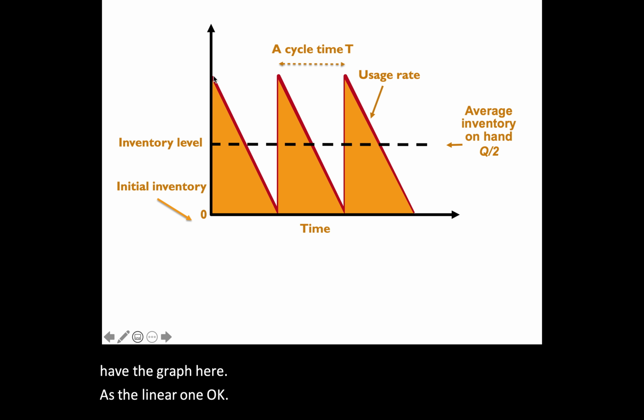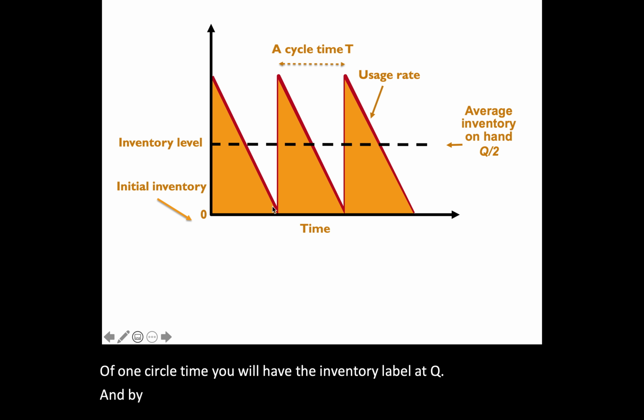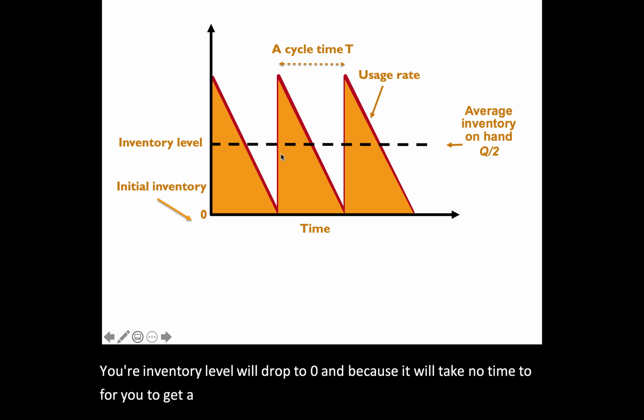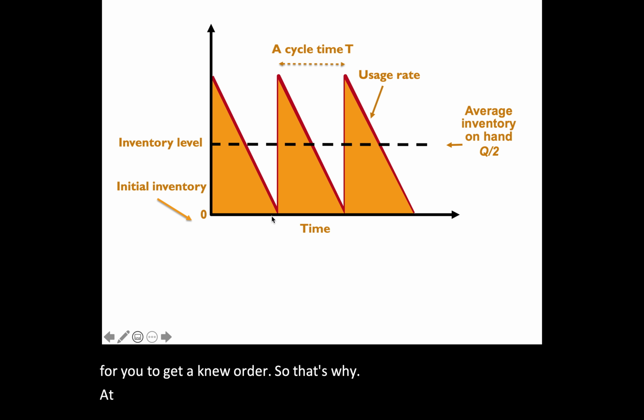So at the beginning of one cycle time, you will have the inventory level at Q. And by the end of this cycle time T, your inventory level will drop to zero. And because it will take no time for you to get a new order, at this point, by the end of one cycle, your inventory level will jump to Q, okay?